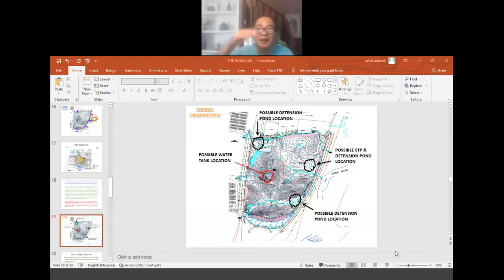More heavy rain, the water will start to overflow, and then it will go to discharge. So we have a more controlled discharge rather than all the drains discharging at the same time at a single outlet, so that we would have a flash flood. Yeah? So this is what is meant by detention pond.